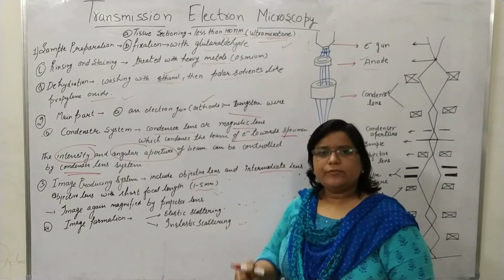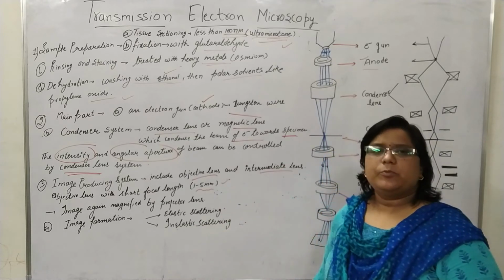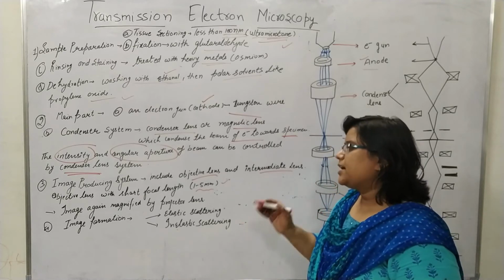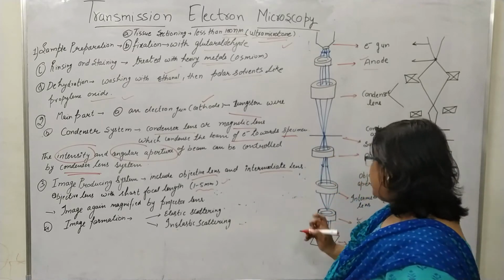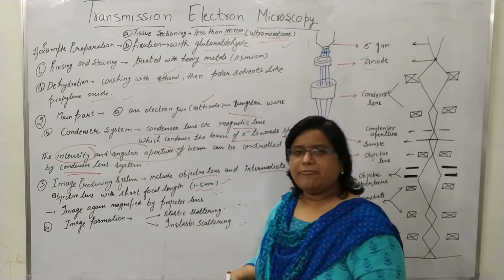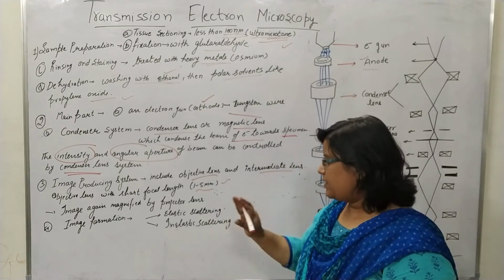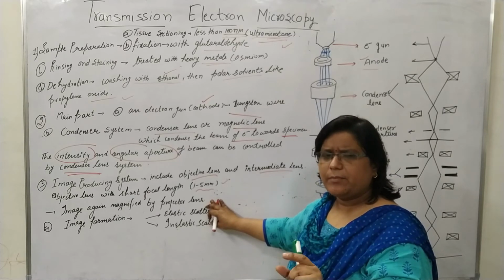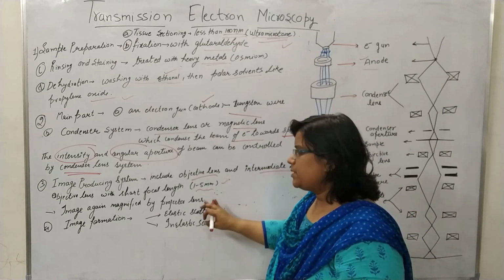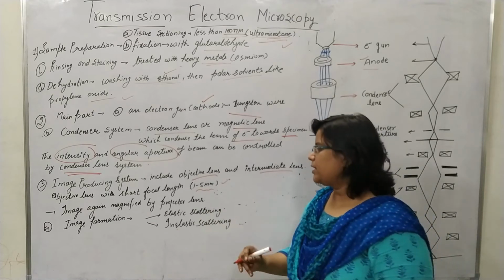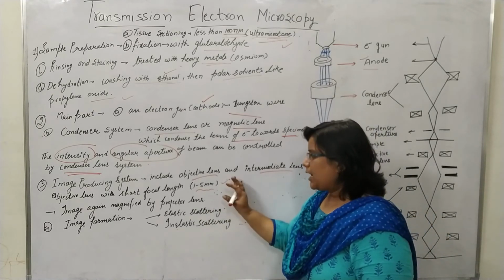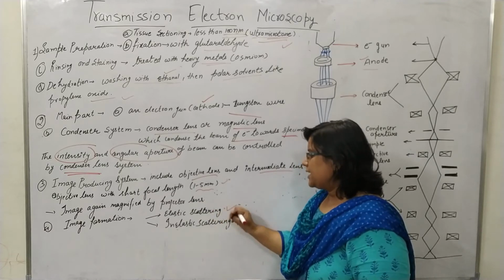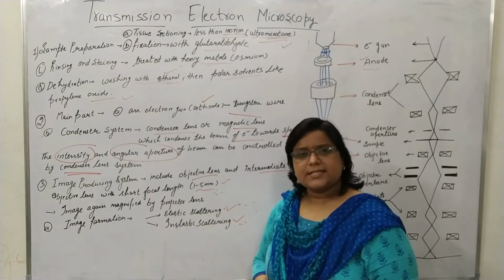The focal length of the objective lens is 1 to 5 millimeter, and the projector lens again magnifies the image. The projector lens we will discuss a little later, but before that I want to discuss elastic scattering and inelastic scattering.